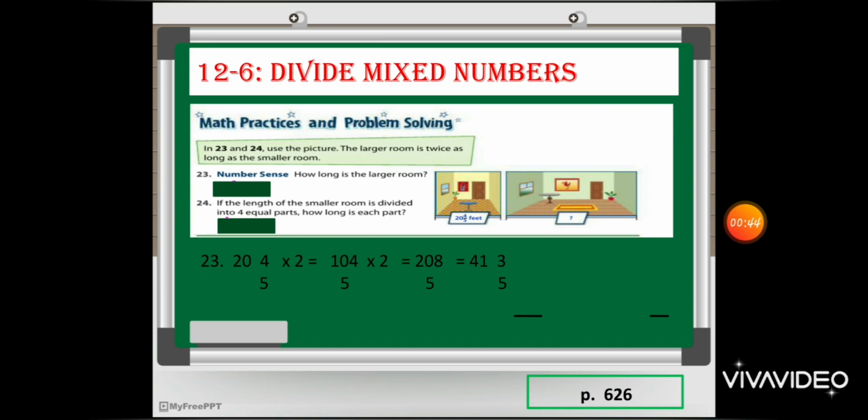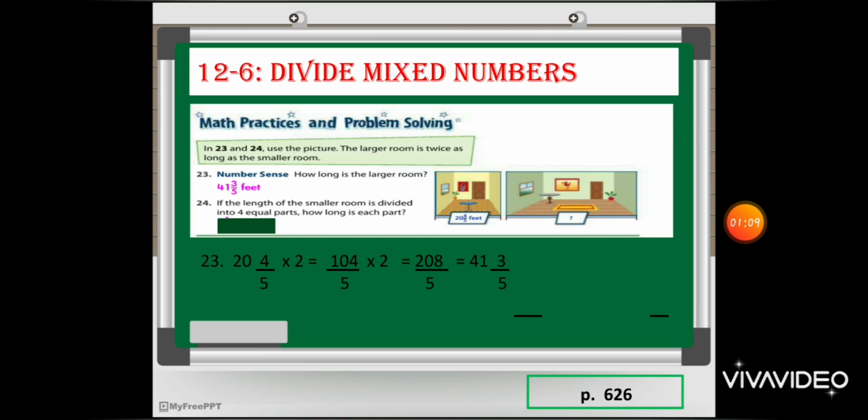So we have 104/5. Then multiply it by 2. So it will result to 208/5, or it can be 41 and 3/5. Were you able to follow? Very good. How about number 24?